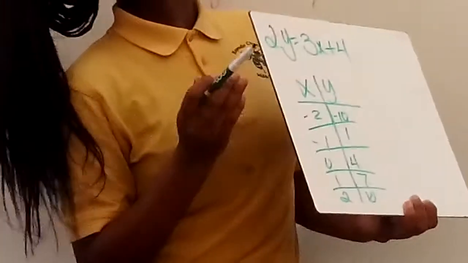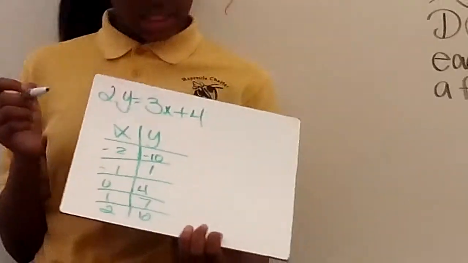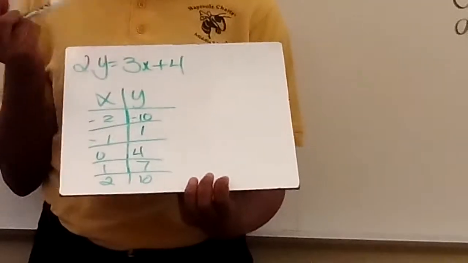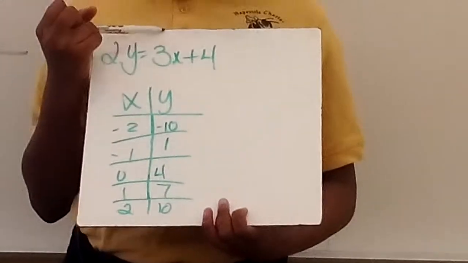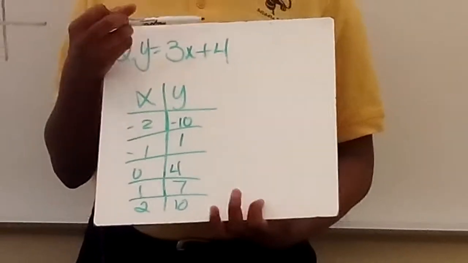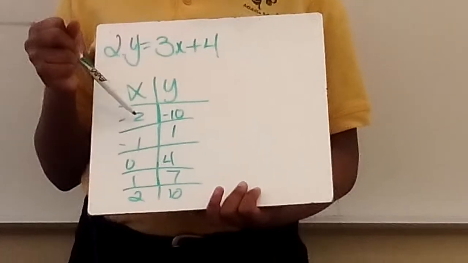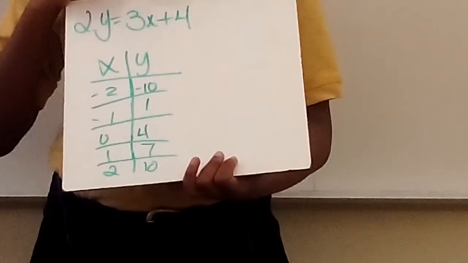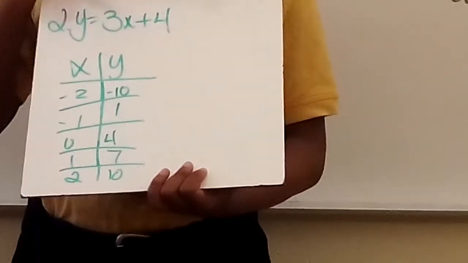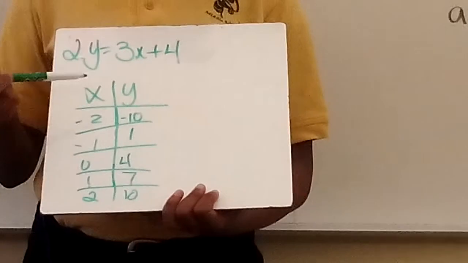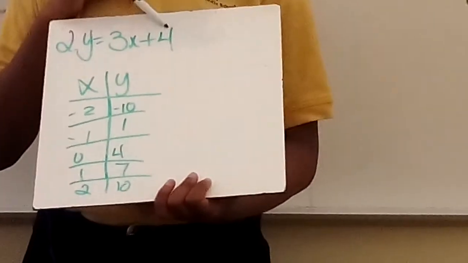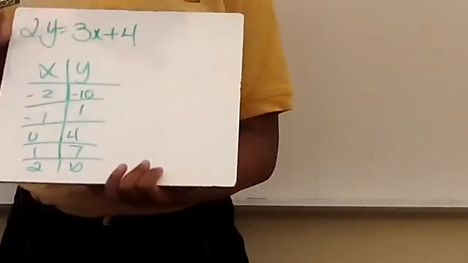Okay, now number 2 is y equals 3x plus 4. So you will take 3 times -2, which is -6, plus 4 will give you -2.